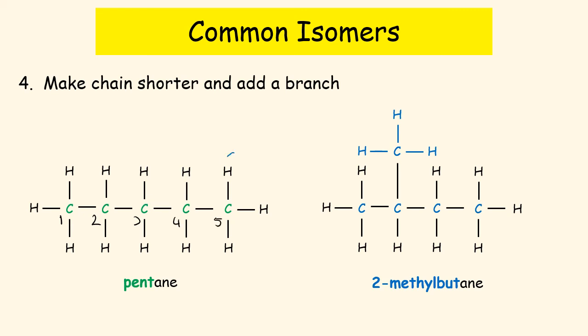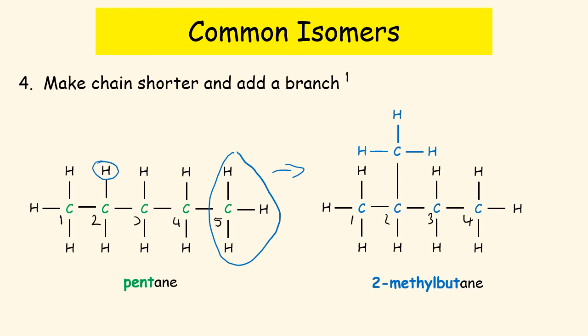If we take this group off the end and switch it with this hydrogen here, we can turn it into this molecule here, where we've got a methyl group on carbon number 2, but the chain has been made smaller. So pentane and 2-methylbutane are isomers of one another.